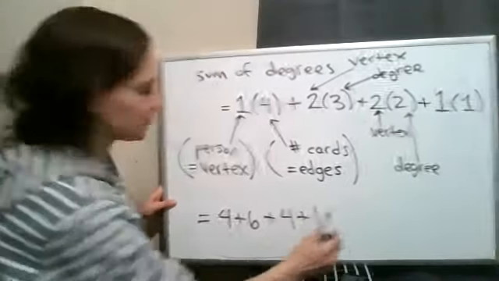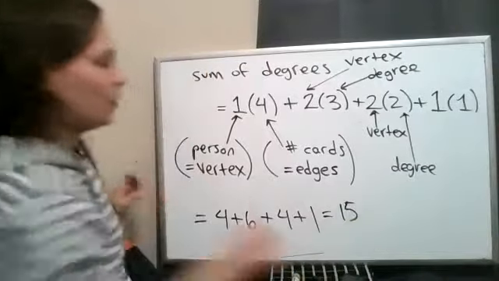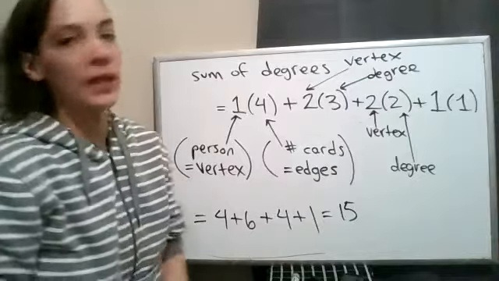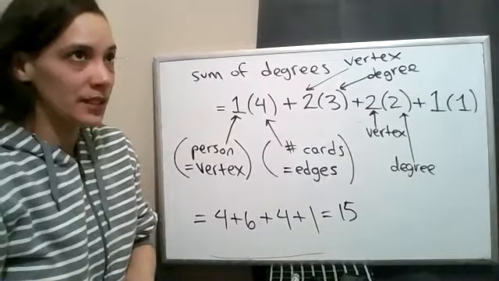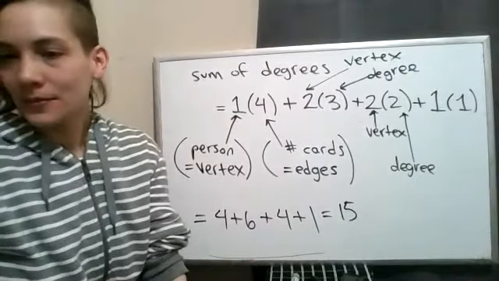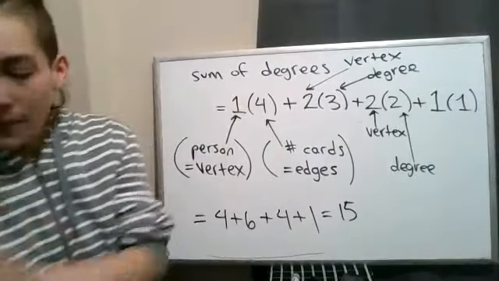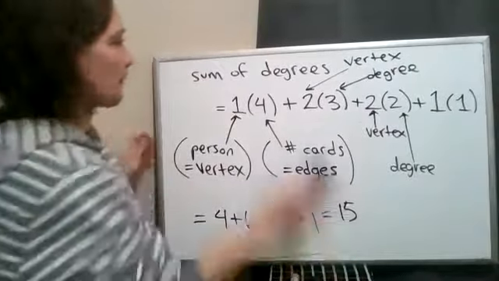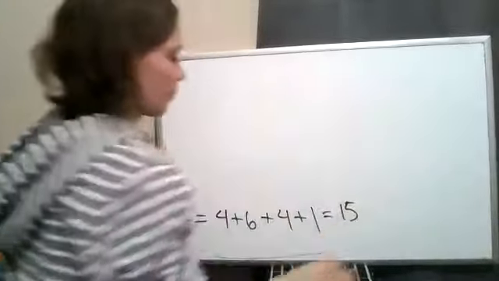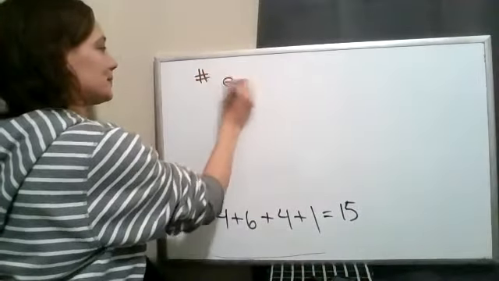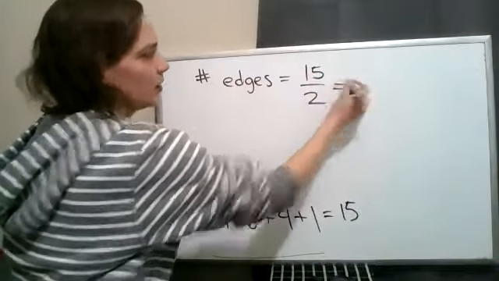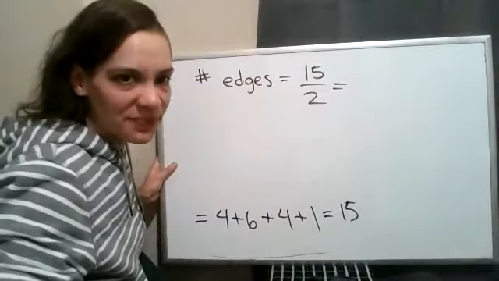Ten plus 5. Okay, so we take the sum of degrees, divide by 2, and that gives us the number of edges. And then you get 7.5, which would not be good.